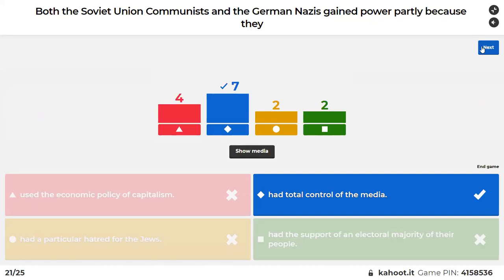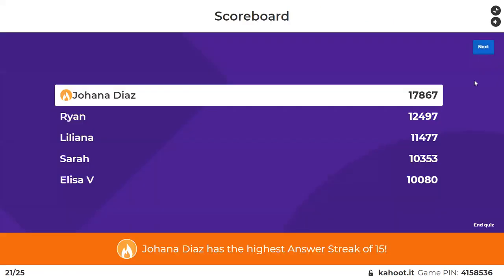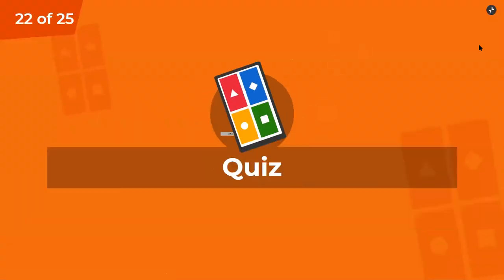They had total control of the media. They propaganda everything. Both the communists under Stalin's control, the Nazis under Hitler's control, controlled all of the news, everything that had gone out. And that way they could basically control the narrative of each of those.